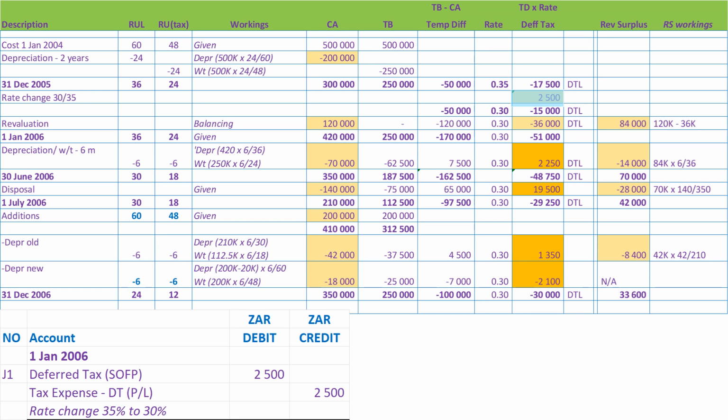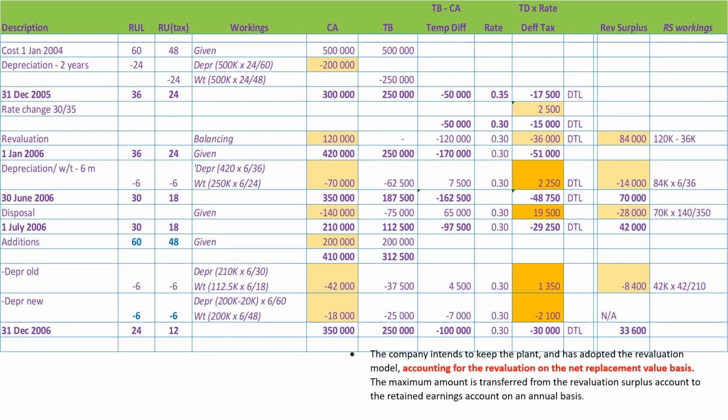What's next? Journal entry number 2. So the question did tell you that the company intends to keep the plant and has adopted the revaluation model, accounting for the revaluation on the net replacement value basis.